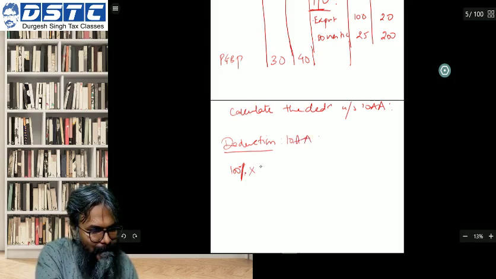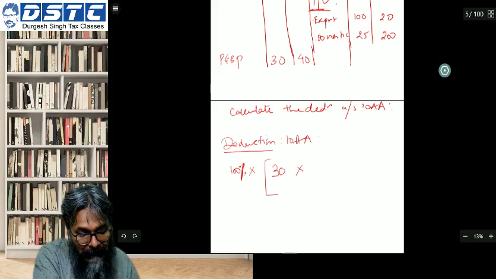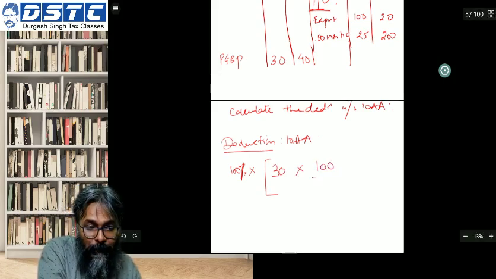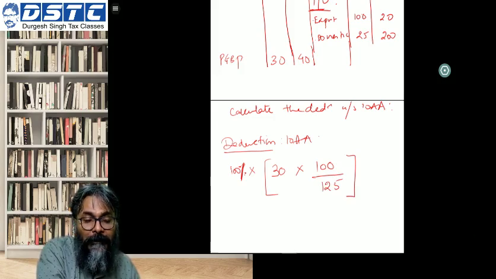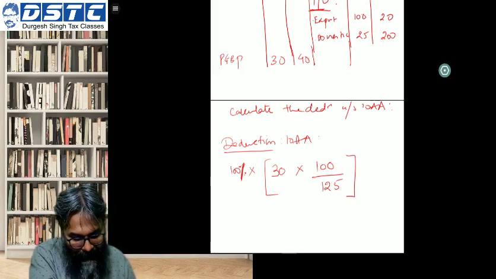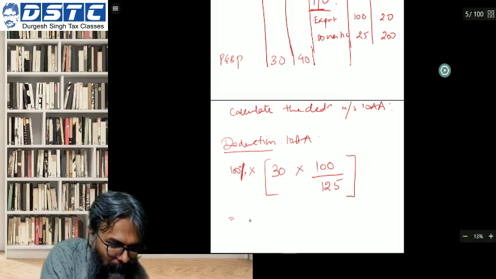Pavan, the profit that you will take would not be 70, it would be 30, the profit derived by the SEZ unit. Also the export turnover and the total turnover would only be that of the SEZ, not the export turnover and the total turnover of A Limited. No, only of the SEZ is the deduction to be calculated. And by virtue of this, students, your deduction would be this one.